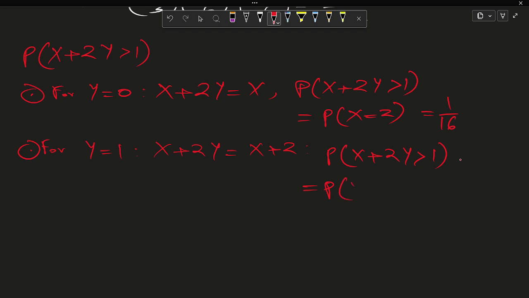That is my P of X equals 0 comma Y equals 0 plus P of X equals 1 comma Y equals 1 plus P of X equals 2 comma Y equals 2.